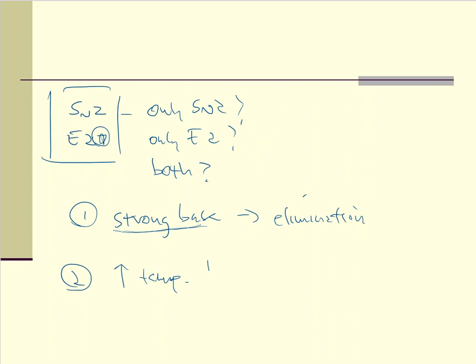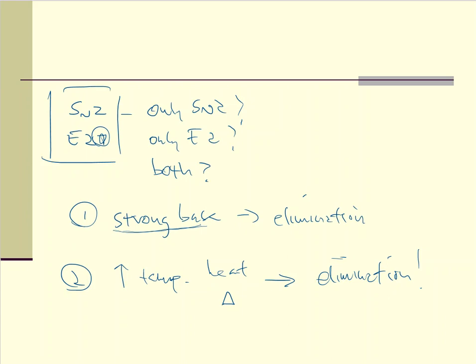If I apply heat, if you see the triangle here, or you see the word heat, or you see the word hot in regards to the solvent, this is going to have you prefer the elimination product. So these are two ways that we can help distinguish between substitution and elimination.